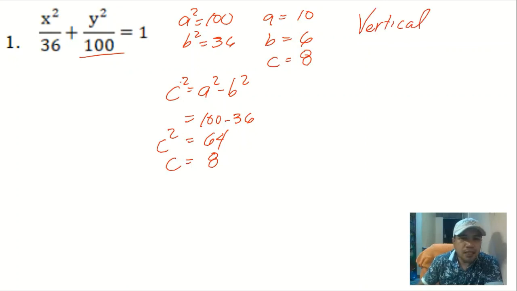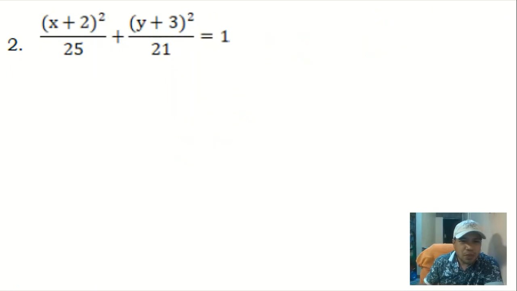Plus, center is in 0, 0, since walang number na kasama si x and y. Number 2, x plus 2 quantity squared over 25, plus y plus 3 quantity squared over 21 is equal to 1.